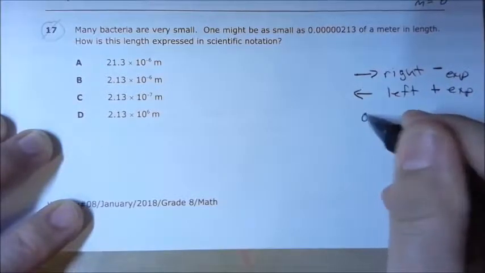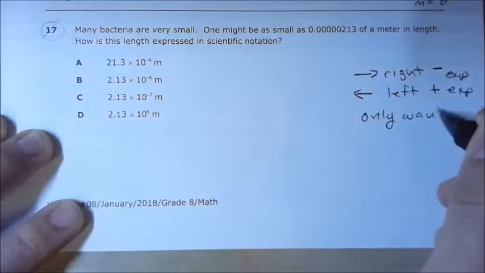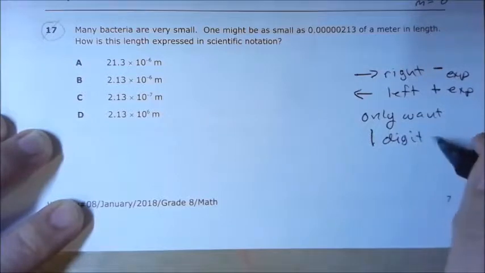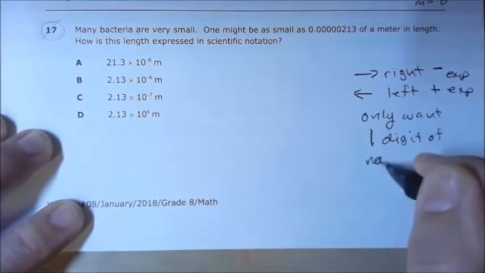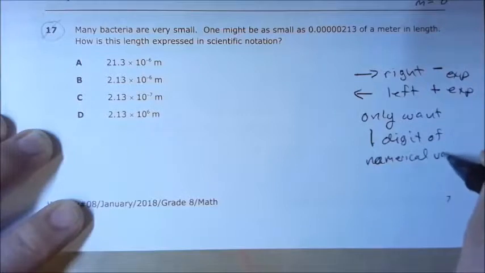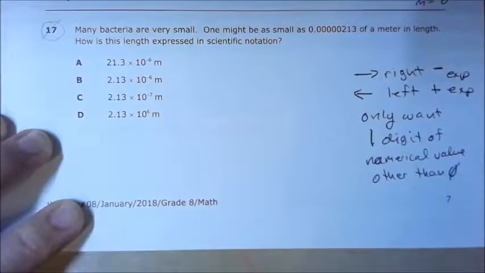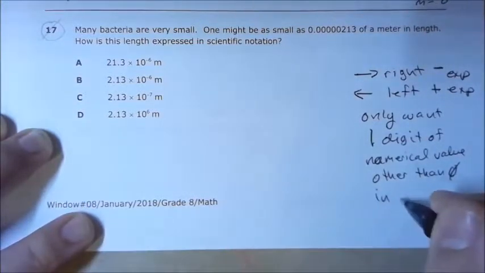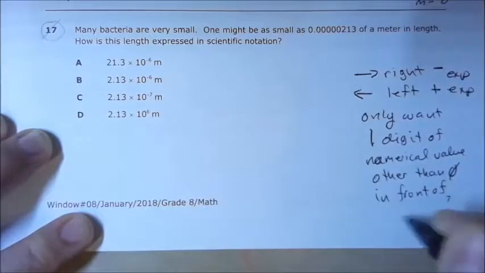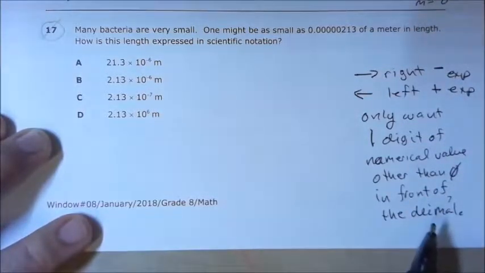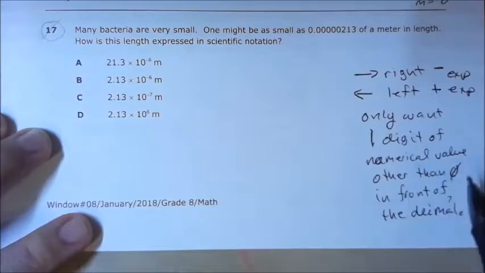And you only want one digit of numerical value other than 0 in front of the decimal. Now I just wanted to write that so that you would make sure that you remember that. So we only want one digit of numerical value other than 0 in front of the decimal when we're done.